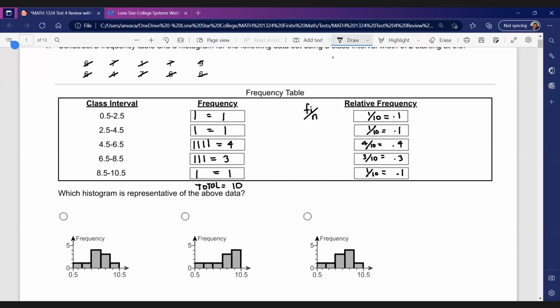The frequencies are 1, 1, and then we have a 4. This is not right because the frequency is supposed to be 4, so this cannot be it. And this is okay. Then we have a frequency of 3 for the next. And this one is not right. So the answer has to be this histogram right there.